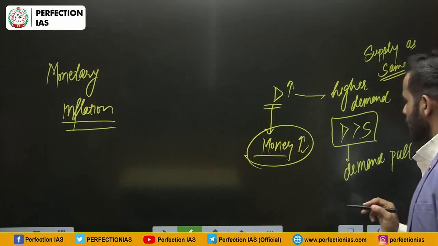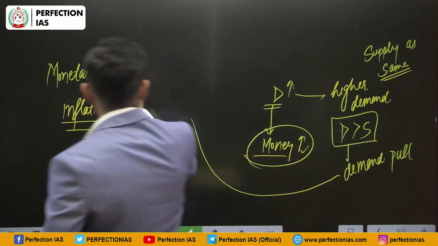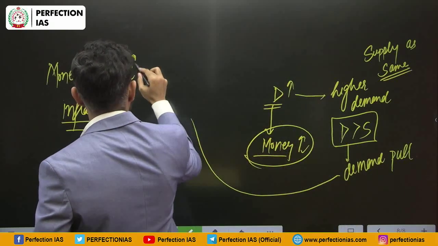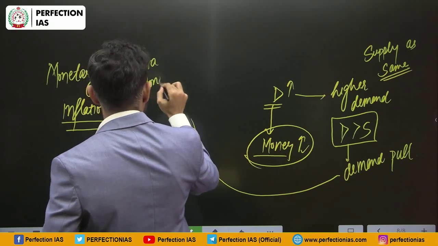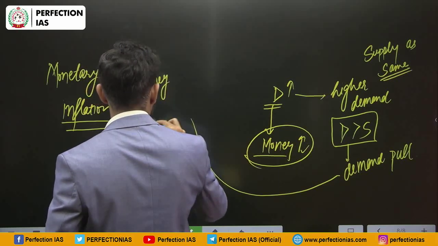Now this demand pull can be because of extra money printed by RBI.